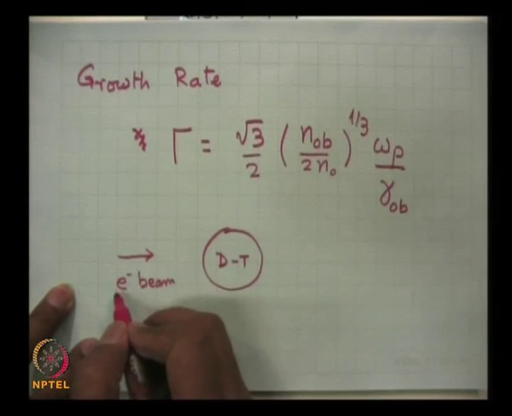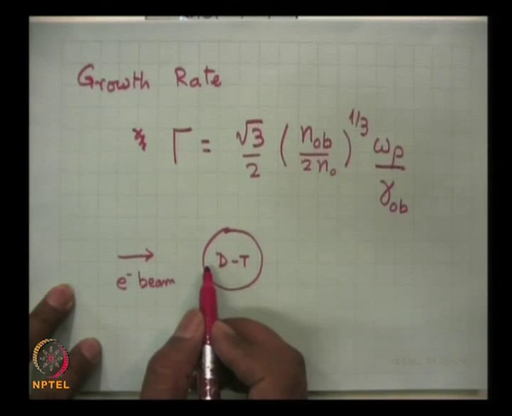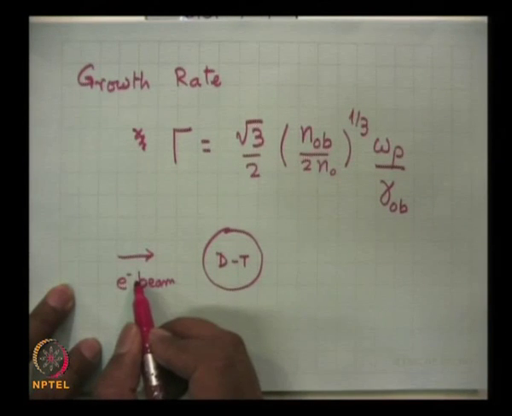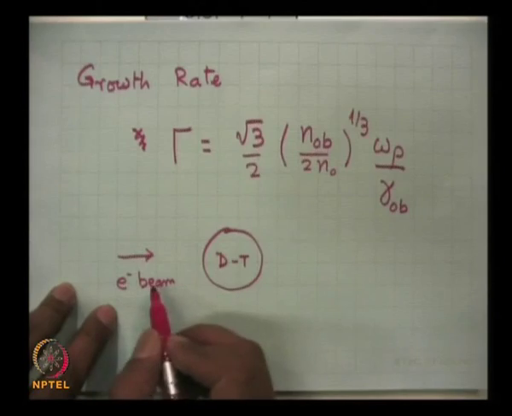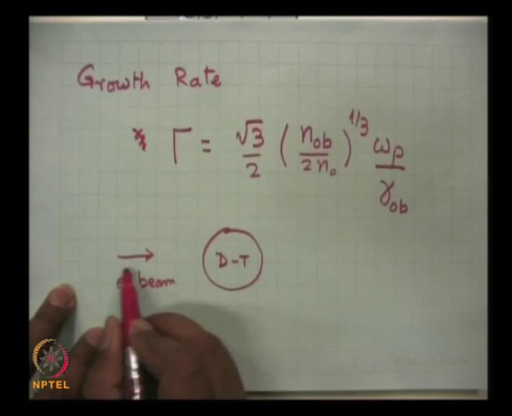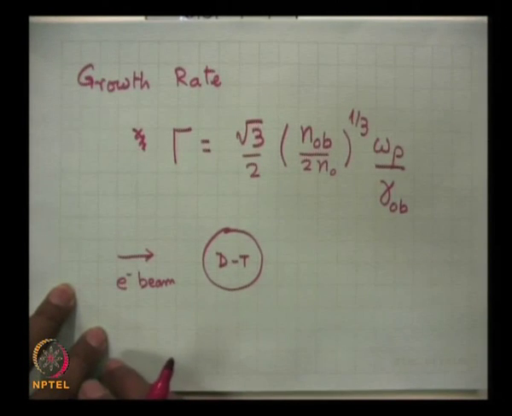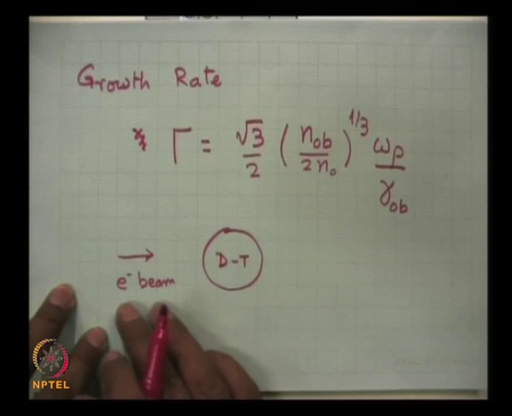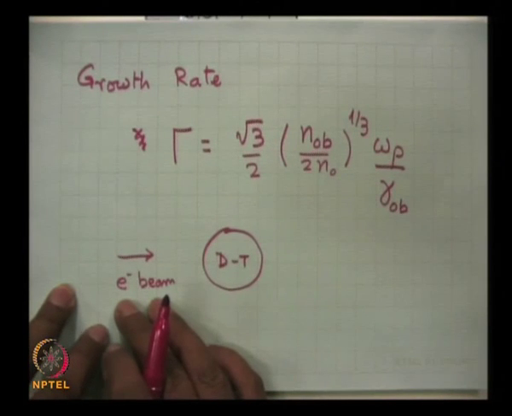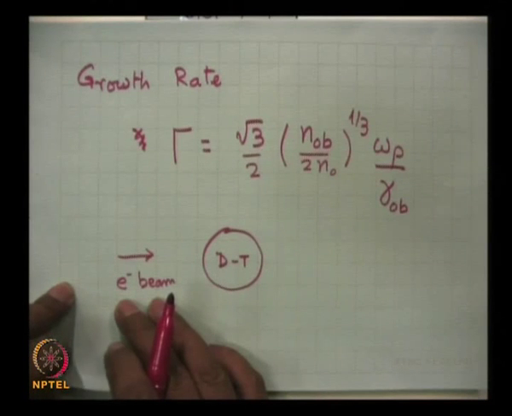However, later on people found that this scheme is not that efficient because electrons are light in mass. So rather than using an electron beam, people are employing ion beams. But electron beams are very commonly employed for generation of coherent radiation.